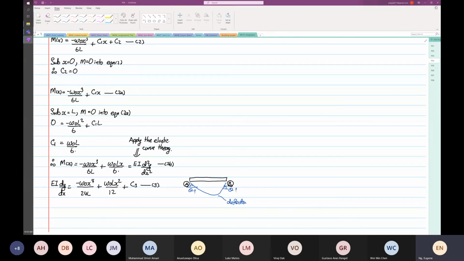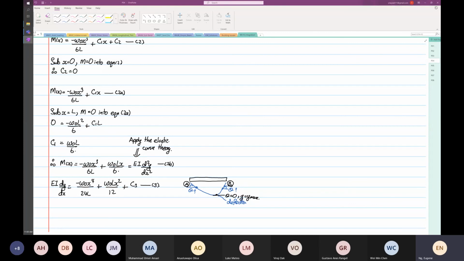At any point, we don't know the theta. But we know one very interesting thing: when theta is equal to 0, the deflection y is at y max. Very interesting. Mathematically, that's why math is a language. I've been highlighting that to you a few times now.